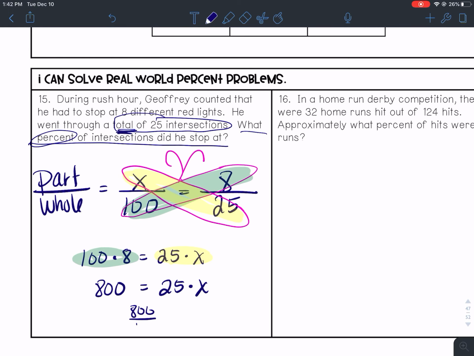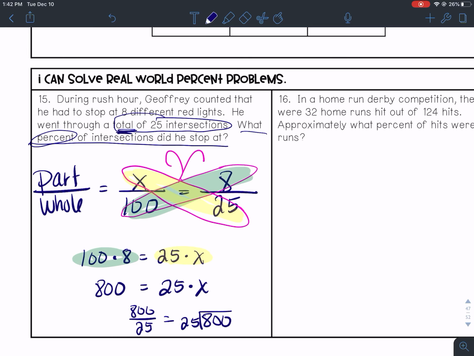Now I'm going to do 800 divided by 25. This is a part that takes a little bit of time. So 25, does 25 go into 8? No. Does 25 go into 80? Yes. Okay, 800, how many times can 25 go into 800?